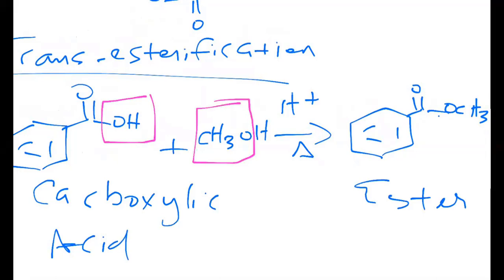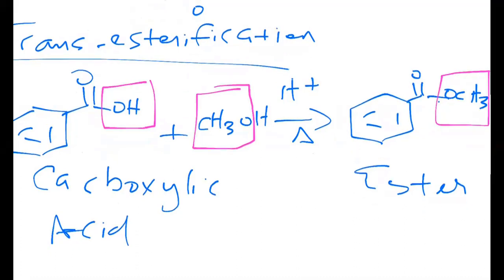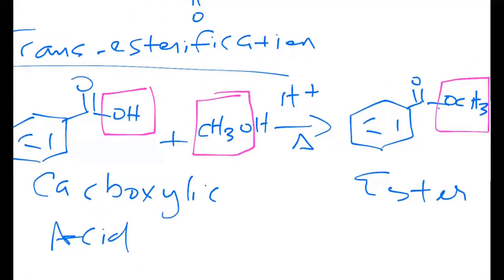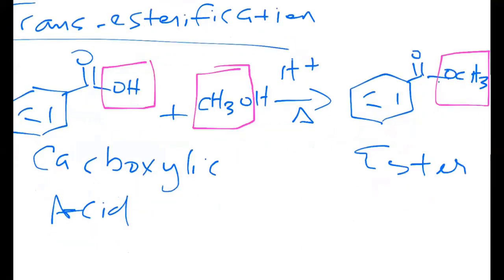You can see that over here. And then the side product obviously is water, because you took basically this H right here and the OH right here. That's where your water is going to come from.